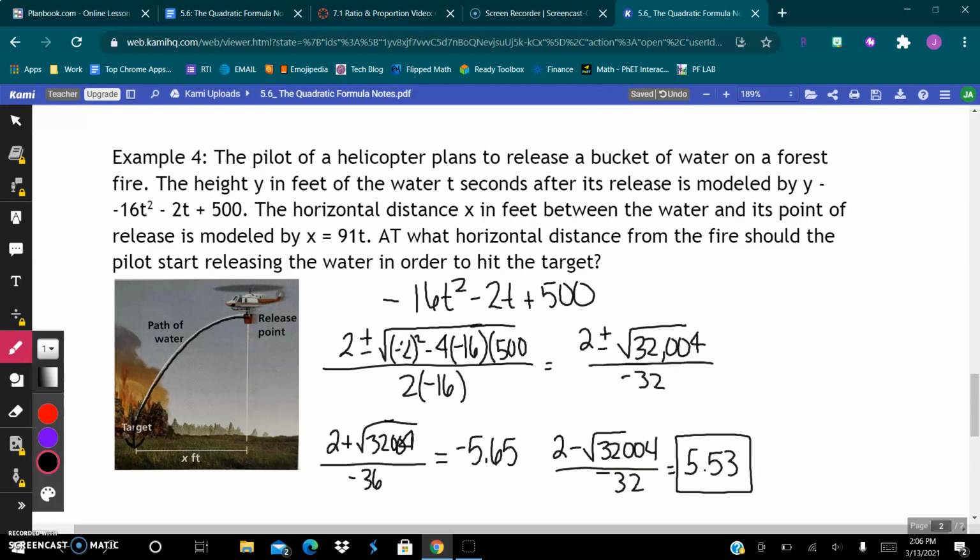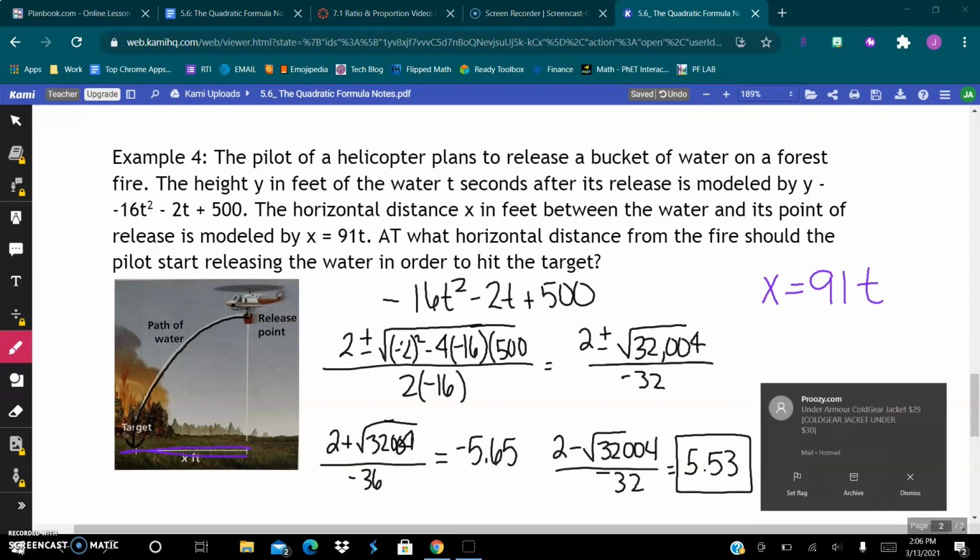So now we're going to have to find the horizontal distance that the water will have to travel in this time. And that horizontal distance is shown right here in the picture at the bottom. So we need to figure out what that is. They gave us the formula of x equals 91 times t.